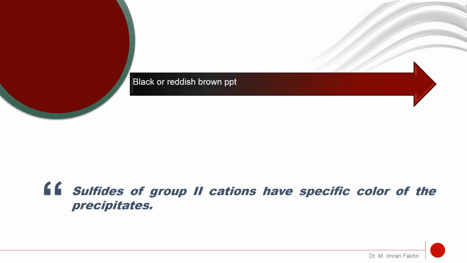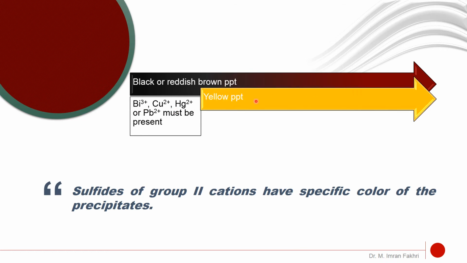If black or reddish brown near to black precipitates are formed, we may have bismuth, copper, mercuric, or lead 2 positive ion present. These sulfides are black in color.